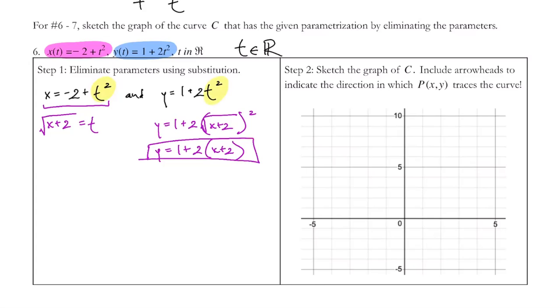So really, we could just solve for t squared and plug that into the other equation. If we tried that method, we would get t squared equals x plus 2, and we'd substitute that into the other equation: y equals 1 plus 2 times x plus 2.